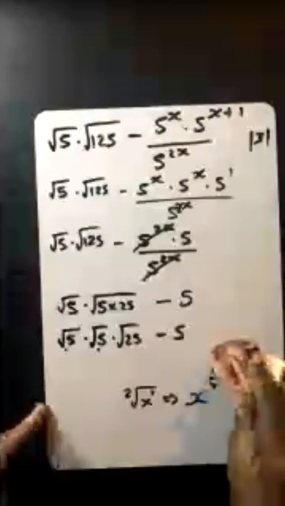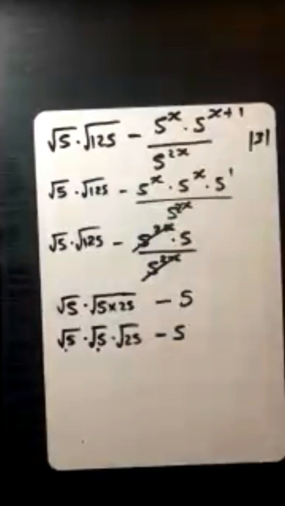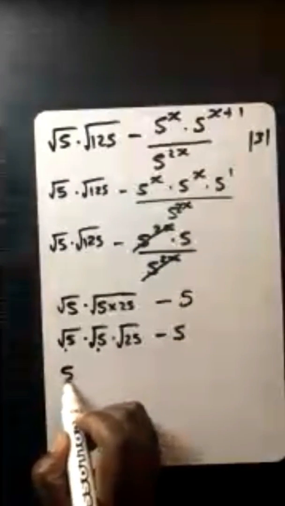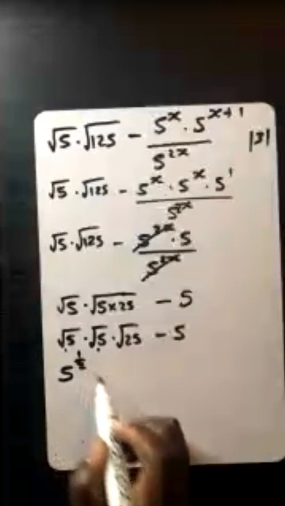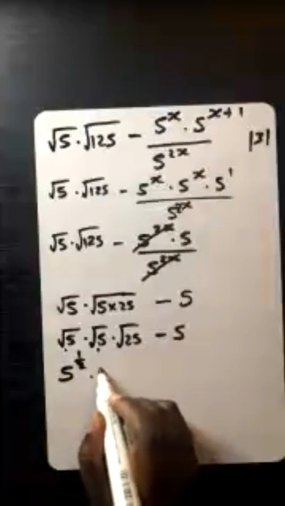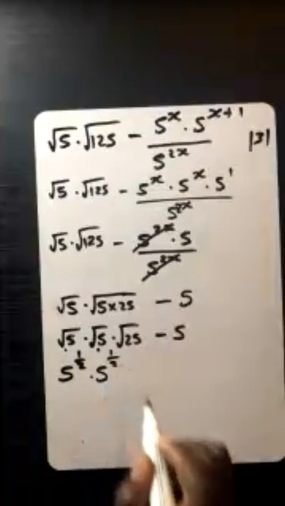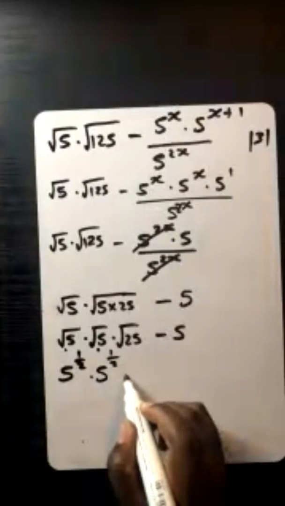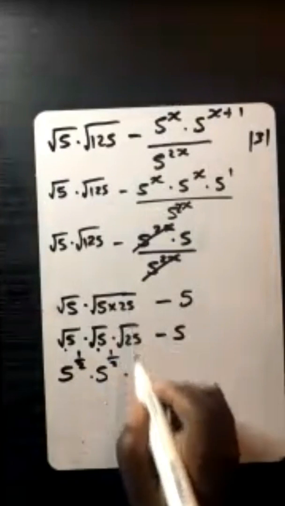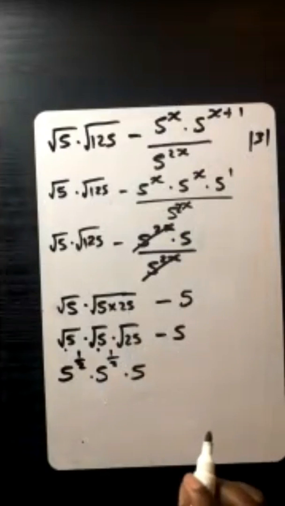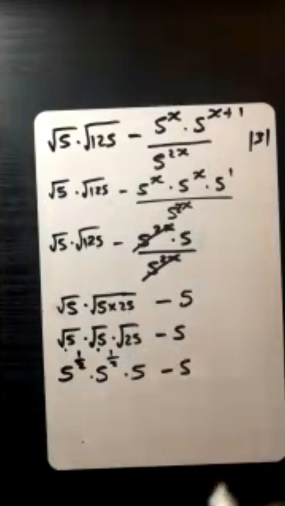Based on that explanation, ladies and gentlemen, this is the same as 5 to the exponent 1 over 2 multiplied by 5 to the exponent 1 over 2 multiplied by, we know square root of 25 is 5, minus 5.